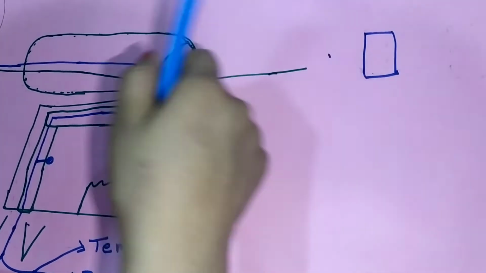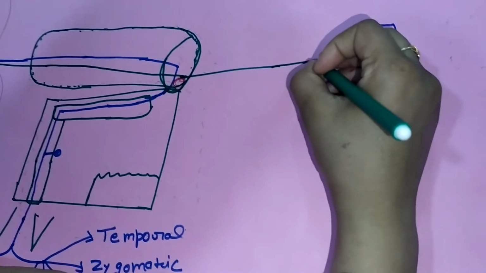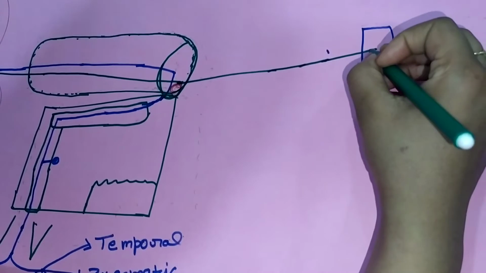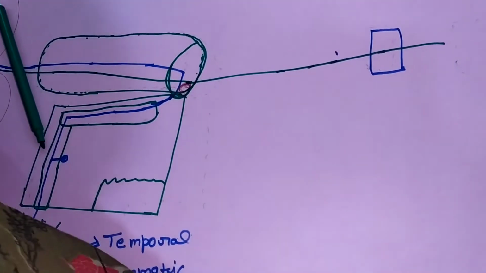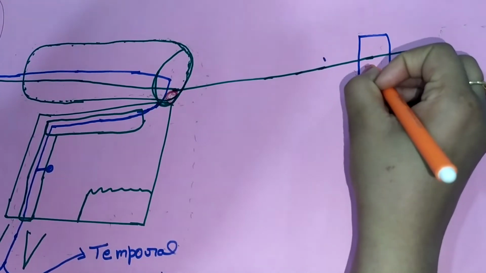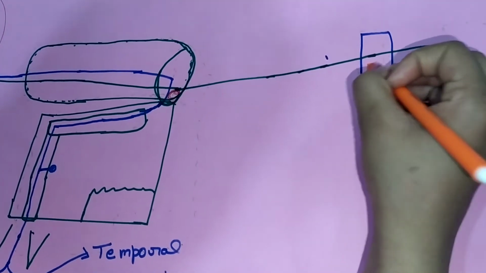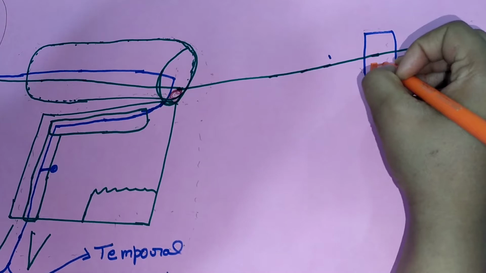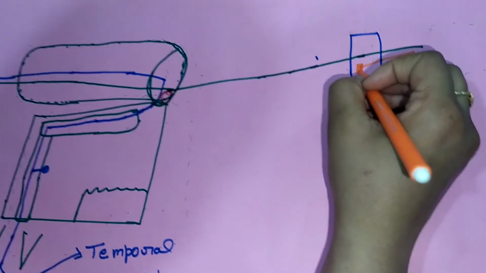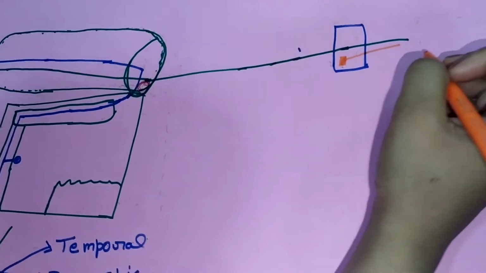This is foramen lacerum. The parasympathetic fiber of the facial nerve, which is responsible for lacrimation, passes through the foramen lacerum. Here there is a plexus. Here it passes with sympathetic fiber, which is coming from a plexus around the internal carotid artery.